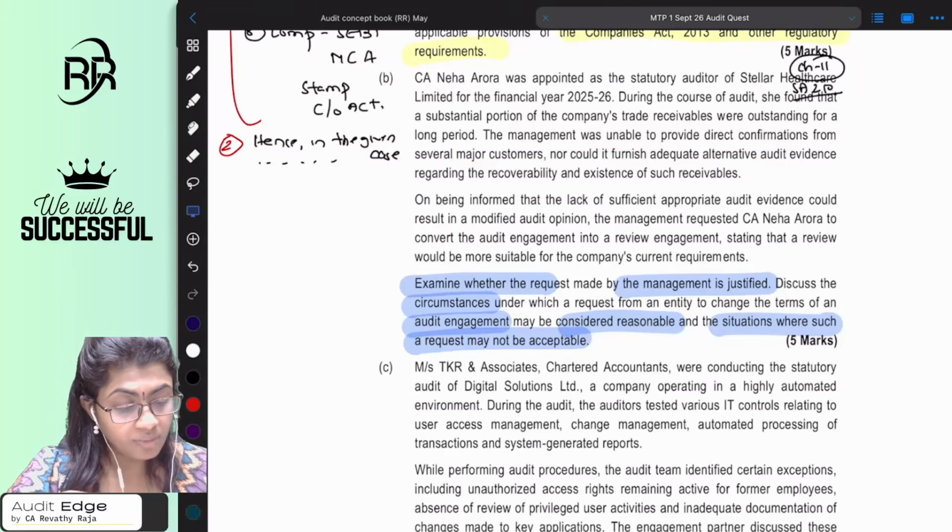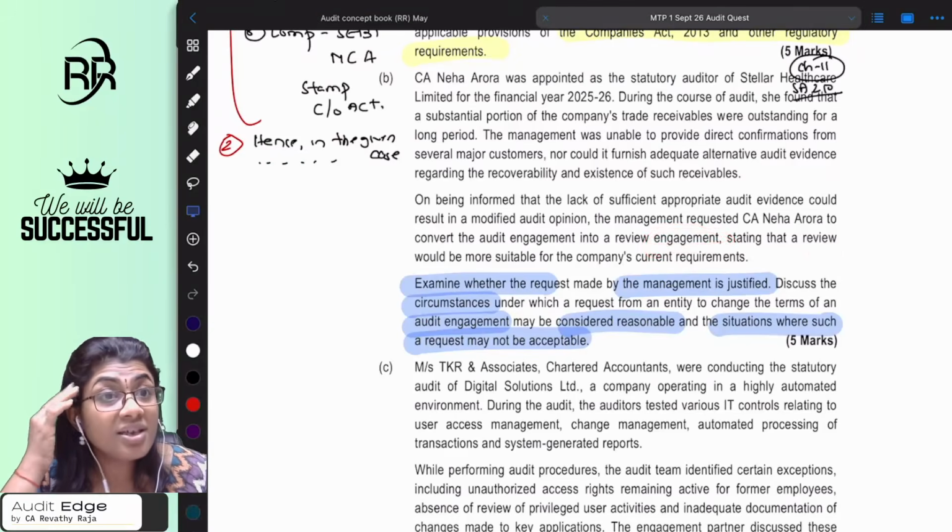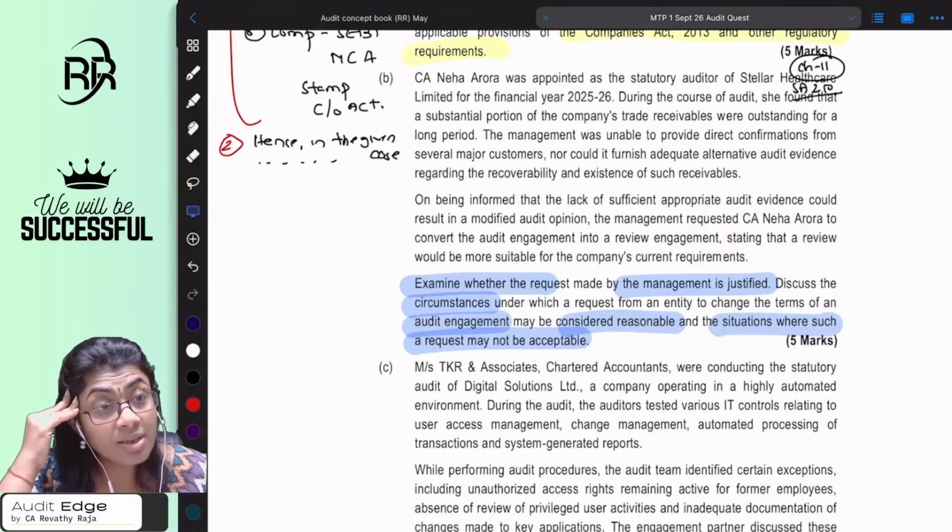On being informed the lack of sufficient appropriate audit evidence would result in a modified audit opinion, management requested CA Arora to convert it into a review engagement, stating a review would be more suitable. Since she asked for evidence, they are saying it is incomplete, so they are asking to change audit to review. Do you think this revision of terms is okay? No, it is unreasonable.